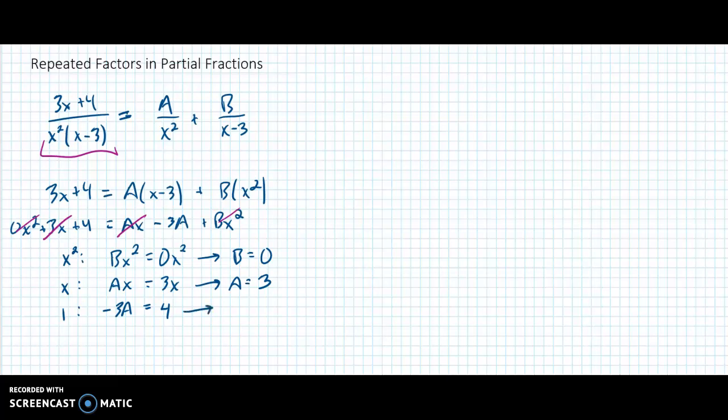And that clearly tells me that a is equal to negative 4 over 3. And you should see that this is impossible. I can't have a be 3 and a be negative 4/3 at the same time. So what that tells me is that something went wrong.